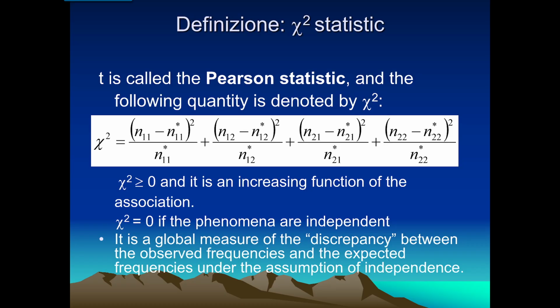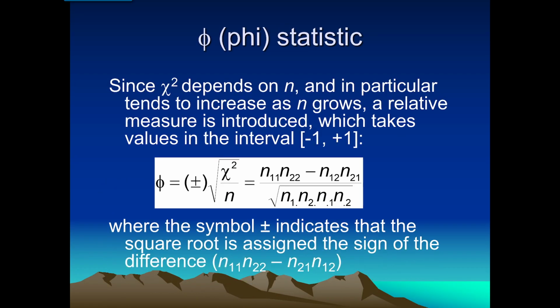So this statistic depends on n, and tends to increase as n grows. Therefore, you want a relative measure which does not depend on n. If it depends on n, then you divide by n, so it does not depend on n anymore.